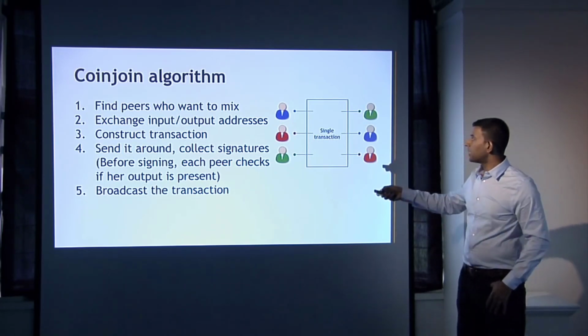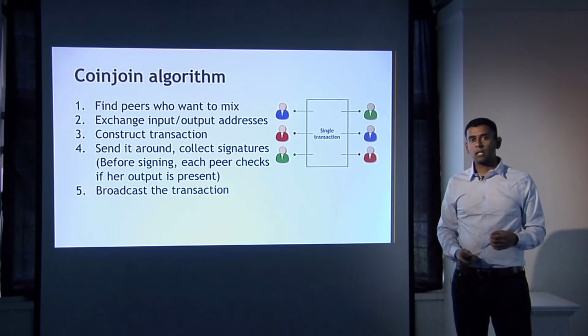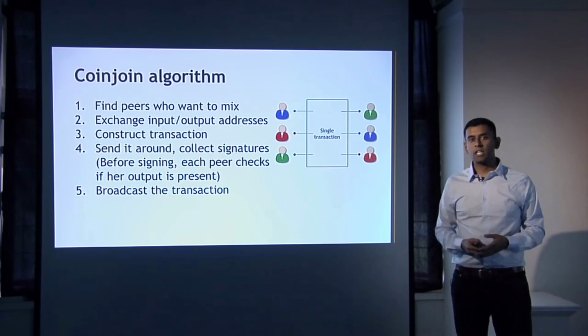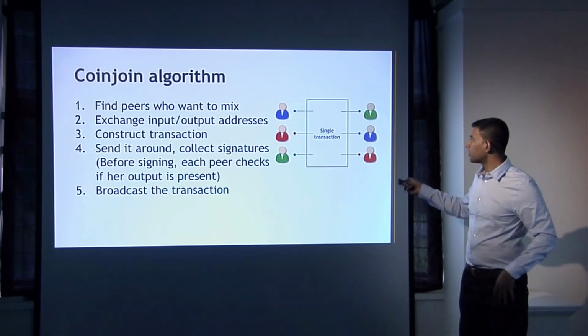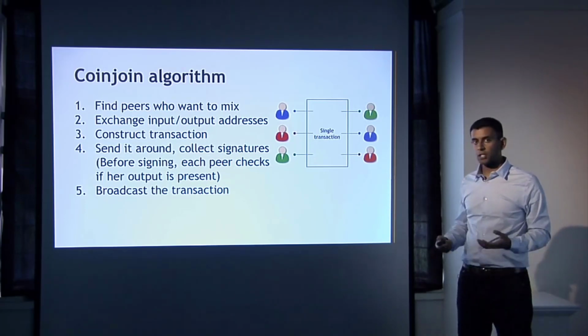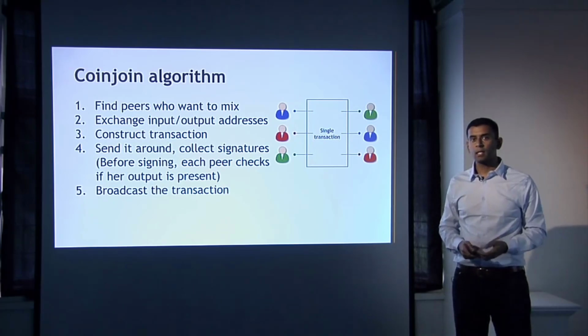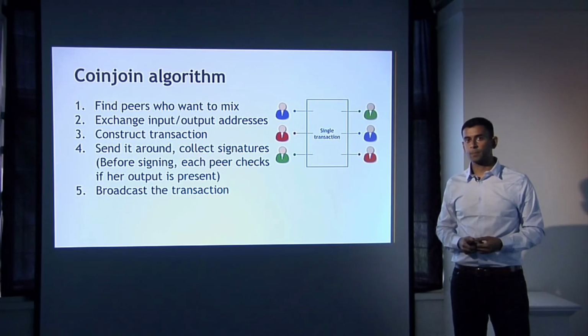Now, if the peer who constructed the transaction were disruptive and, for example, left out one of the peer's outputs, then the whole thing will collapse, because when that particular peer gets the transaction in order to sign it, they will simply refuse to sign, and the process will not be able to go forward.